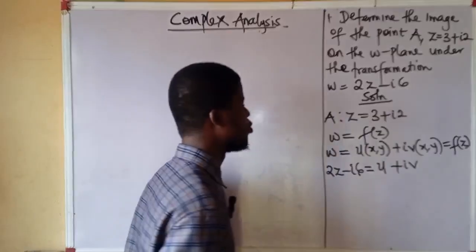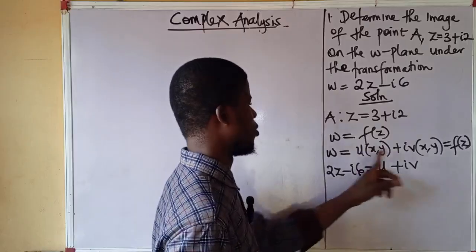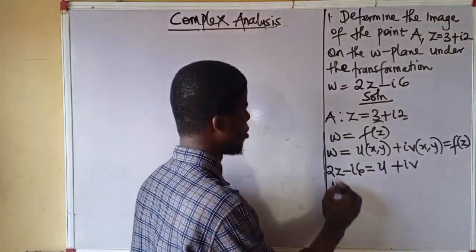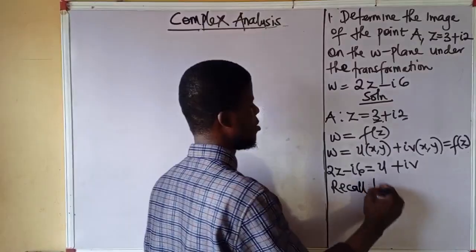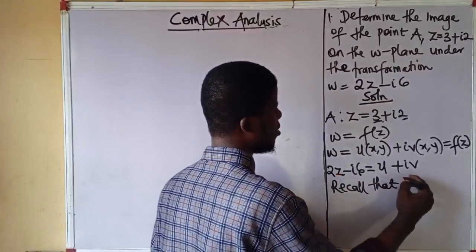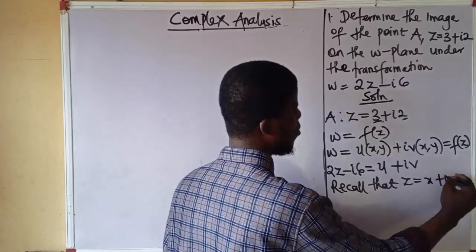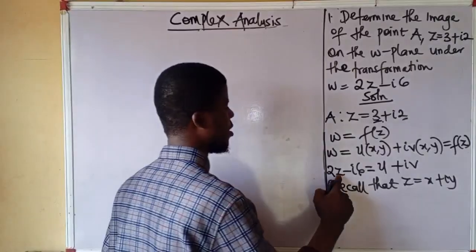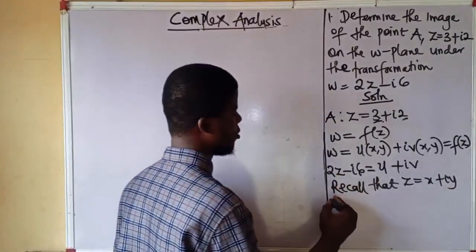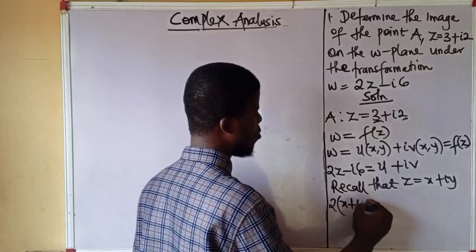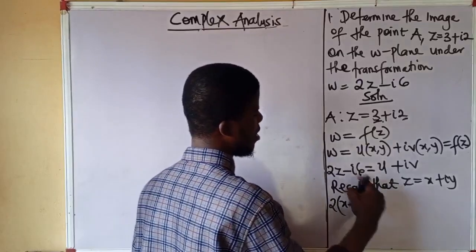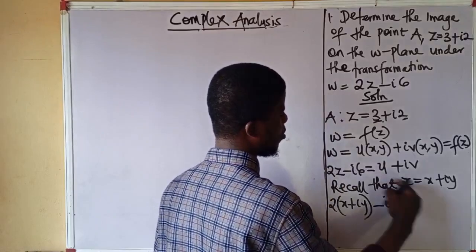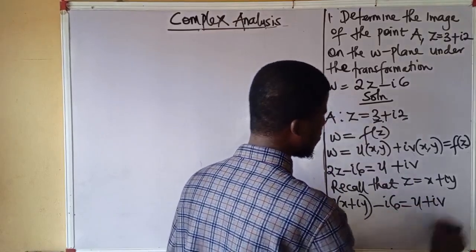Of course, we know that both u and v are functions of x and y. Recall that z is x plus iy. So in place of z, I'm going to write x plus iy. So this is 2 times (x plus iy) minus 6i equal to u plus iv.